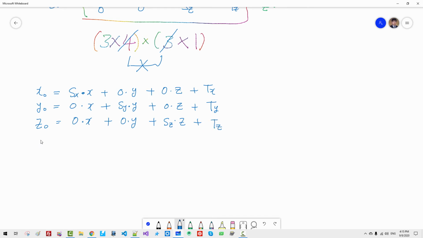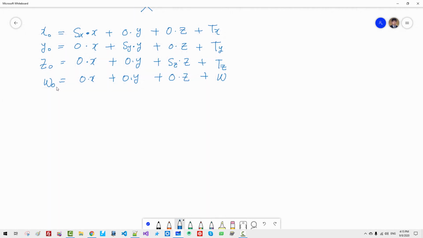Now we introduce w equals 0x plus 0y plus 0z plus w. I will denote it wo.